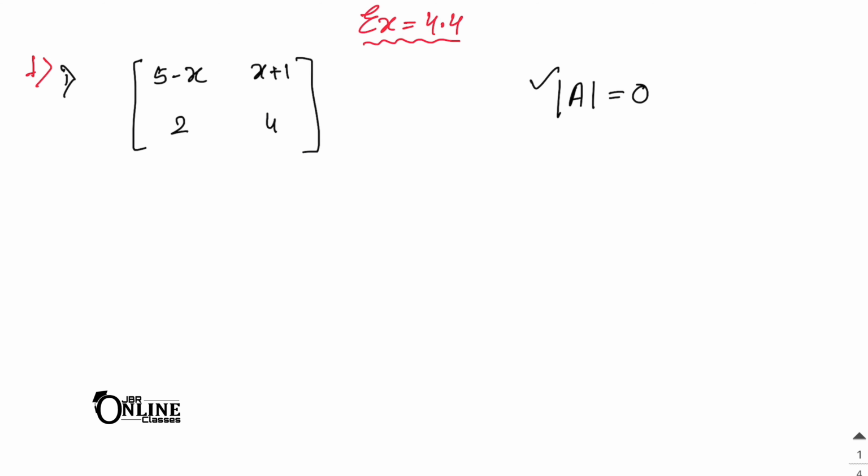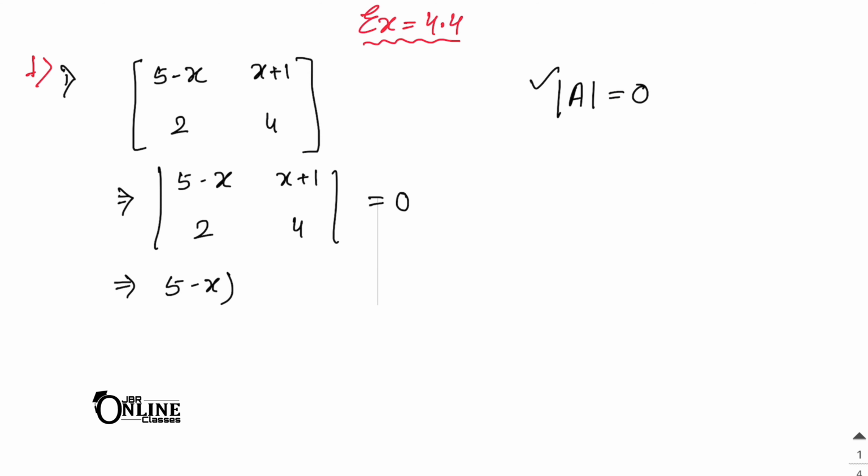Now in that matrix, if this one is a singular matrix, then the det of 5 minus x, 2, x plus 1, 4 will be 0. So the det will be (5 minus x) into 4, minus 2 into (x plus 1), and that equal to 0.